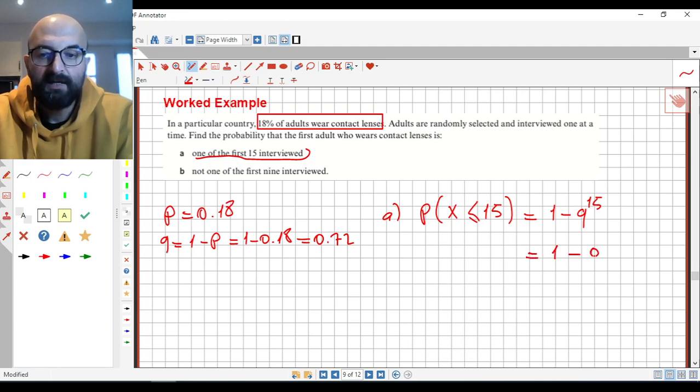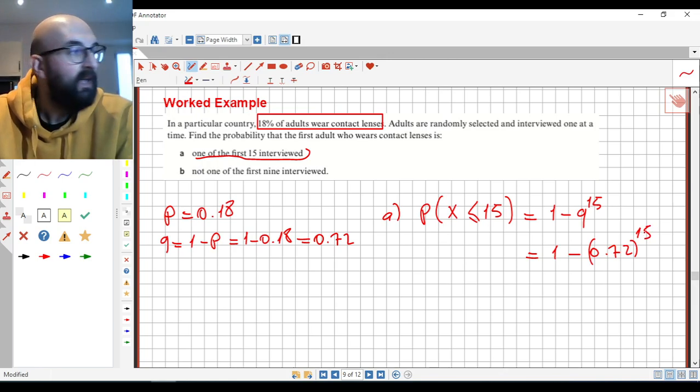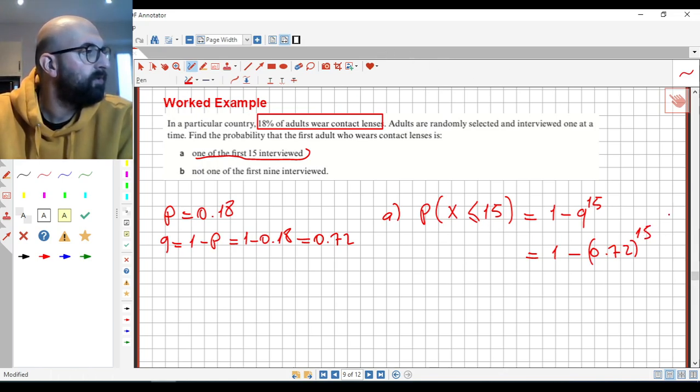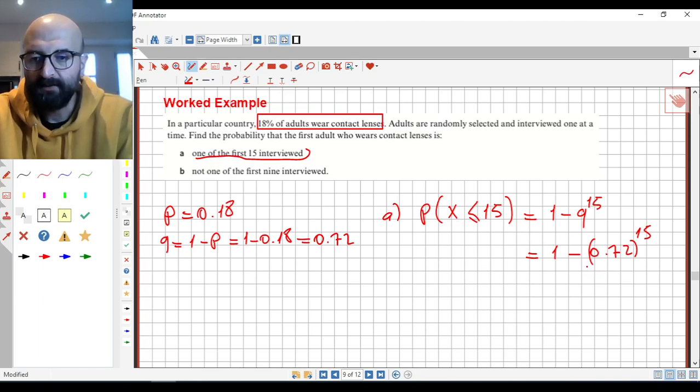So we can say 1 minus 0.72 to the power of 15. It doesn't matter what the result is; it's very important that we understand our operations.